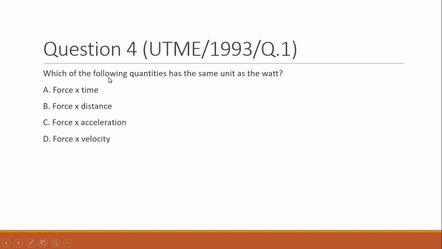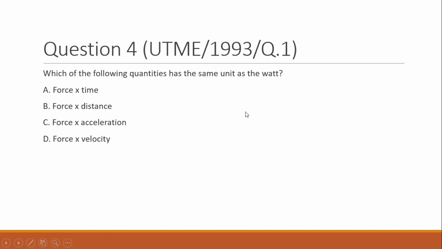Question 4. Which of the following quantities has the same unit as the watt? And don't forget that watt is the unit for power. And what is power? Power mathematically is work done divided by time, or energy divided by time. Work done or energy is force times distance, all divided by time.